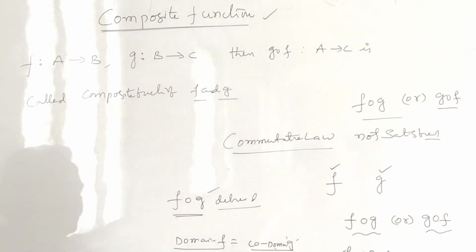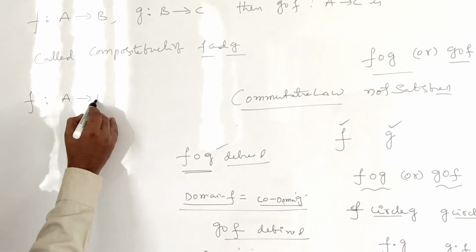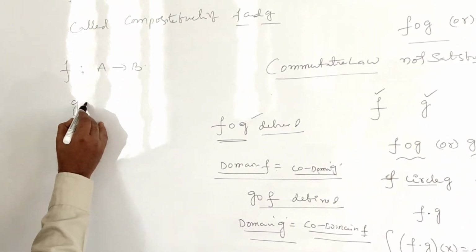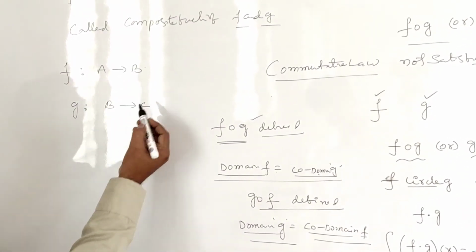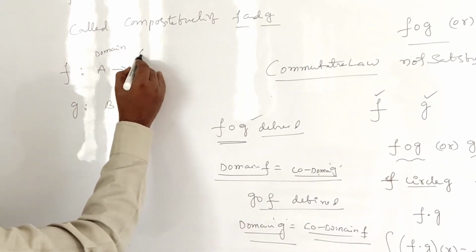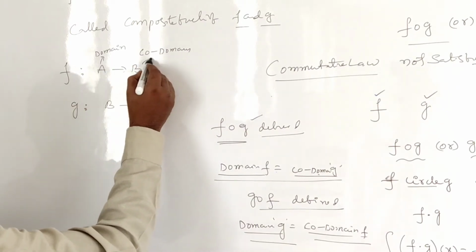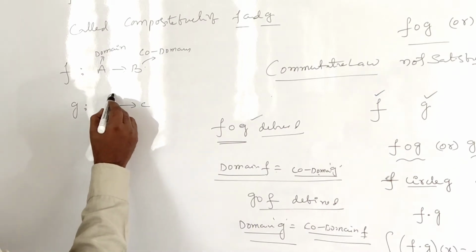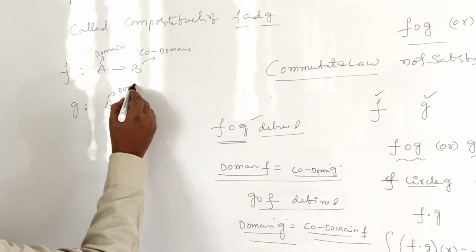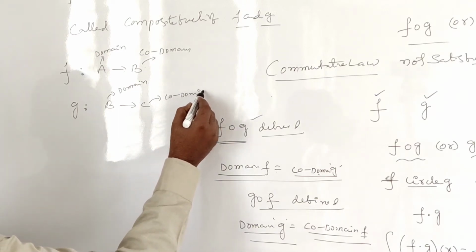Just now I told the rule to define f circle g: the domain of f is equal to the codomain of g. See the functions here, students. F is mapping from A to B and g is given from B to C. This is the domain of f and this is the codomain of f. This is the domain of g and this is the codomain of g.